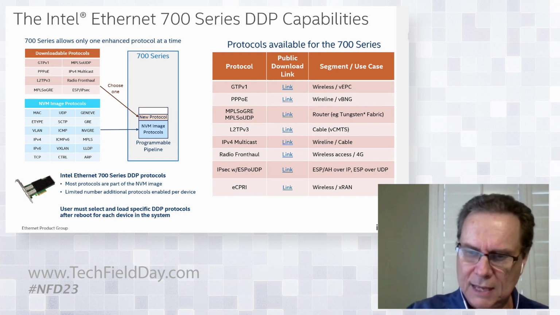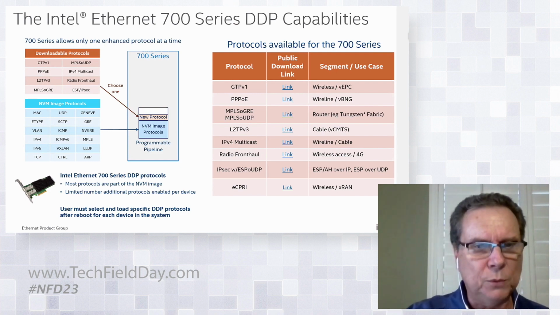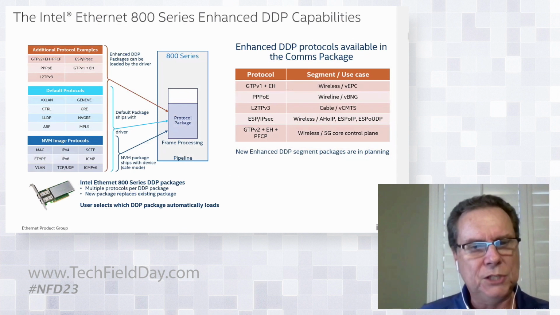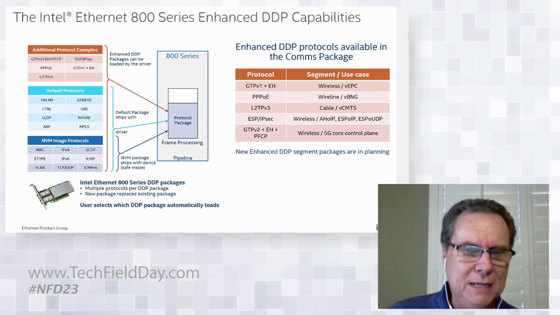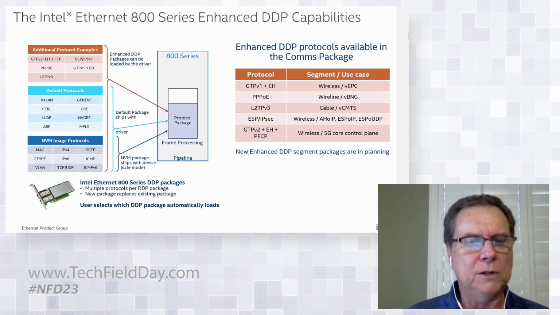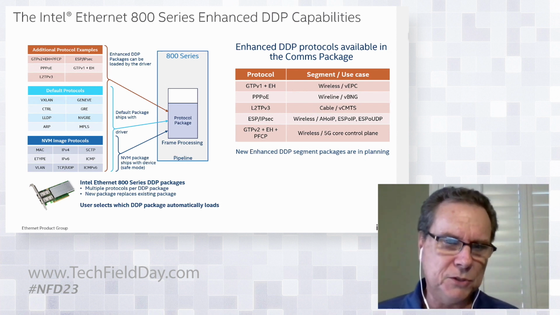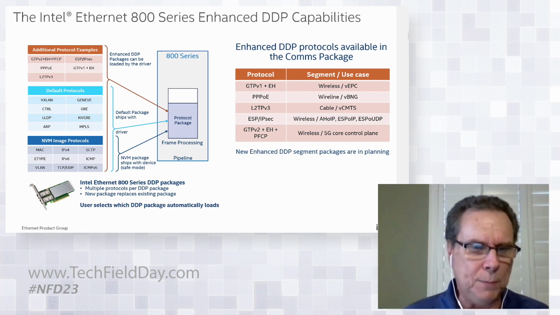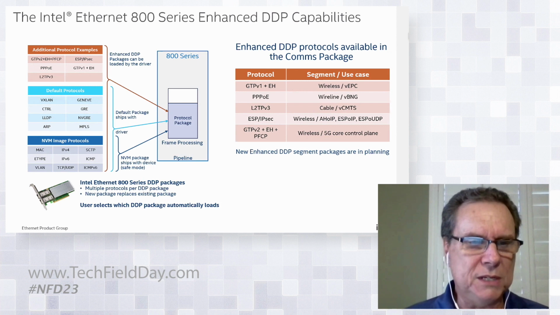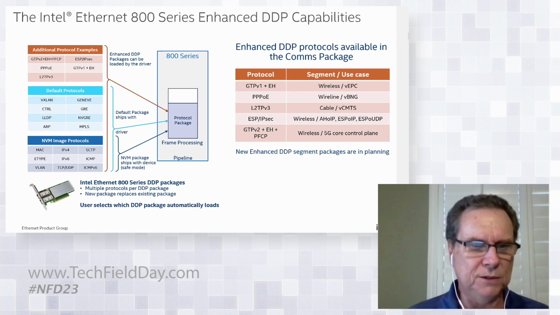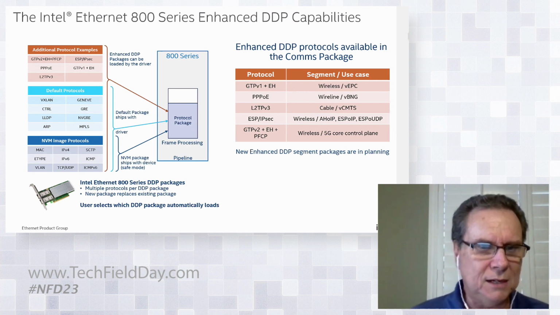So the 800 series is a bit different. We've decided to change things a little bit differently here. So instead of adding protocols on top of other protocols in the parser block, we actually download packages. So we have three types of packages, as you can see here. There's the NVM image package, which is, again, more common protocols.